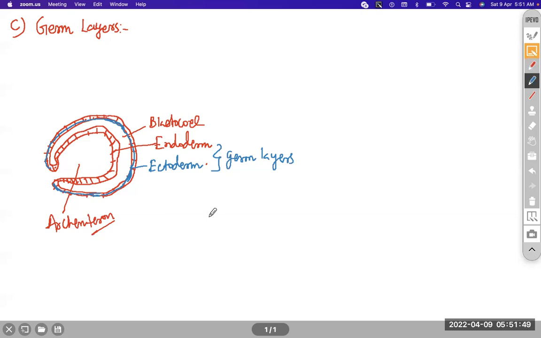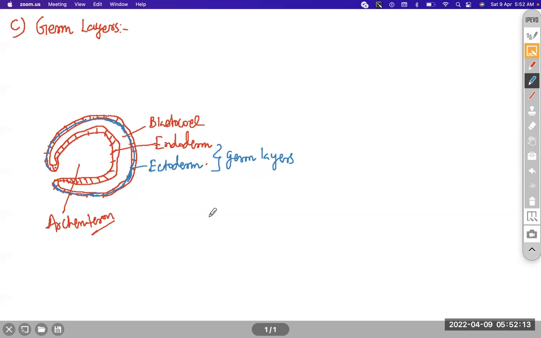In those animals, Ctenophora and coelenterata, a non-cellular jelly-like substance, mesoglea, is present between ectoderm and endoderm. This mesoglea acts like a cementing material.